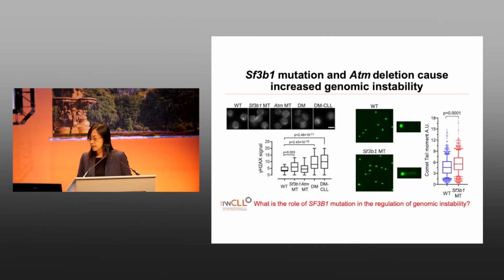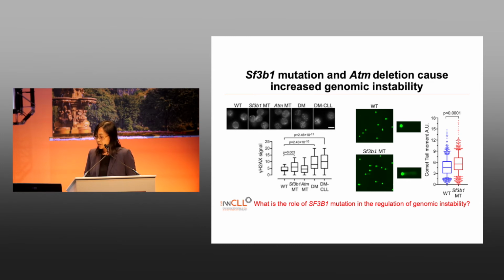Clearly, we see that the SF3B1 mutation has a higher level of gamma H2AX signal, while the double mutant, and the double mutant without CLL, all have higher levels of gamma H2AX signal, suggesting there is a synergy between the SF3B1 mutation and ATM deletion. We further confirmed using the comet assay that SF3B1 does induce double-strand breaks.